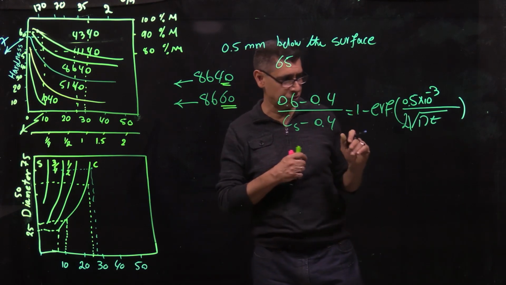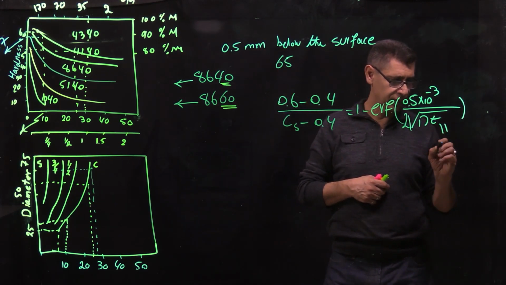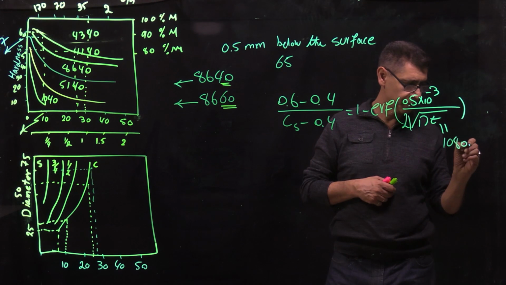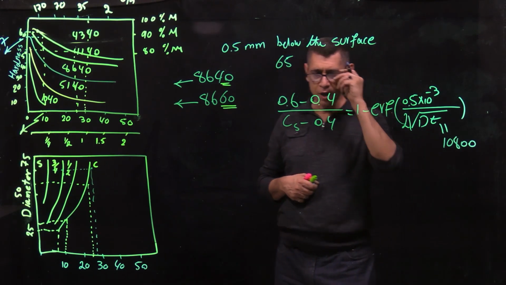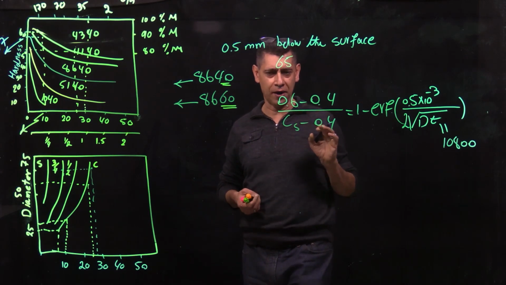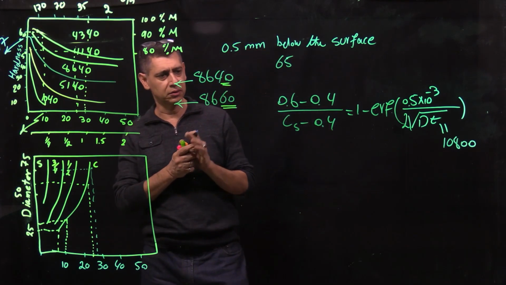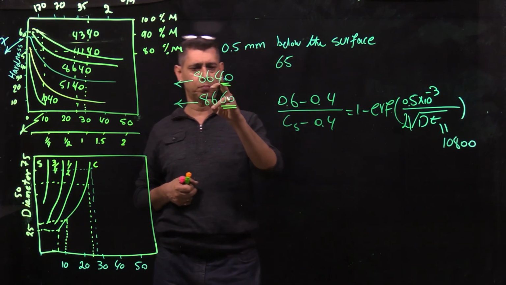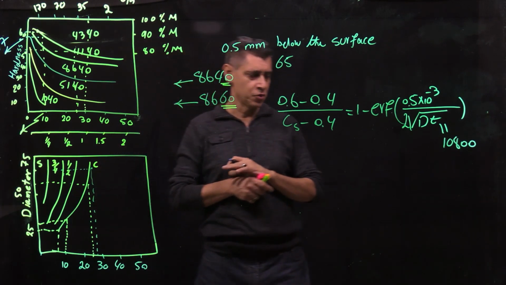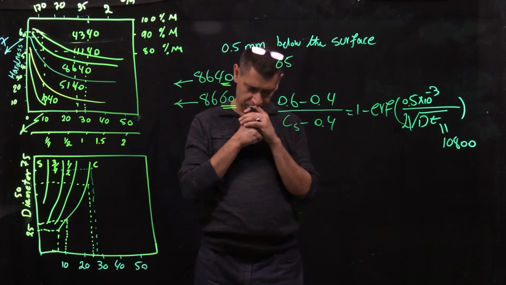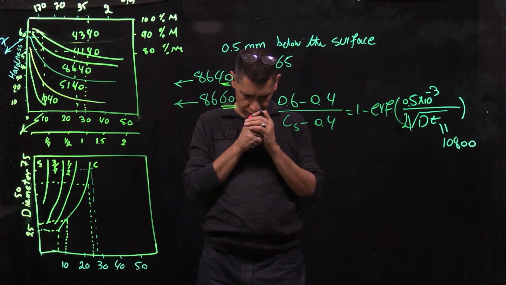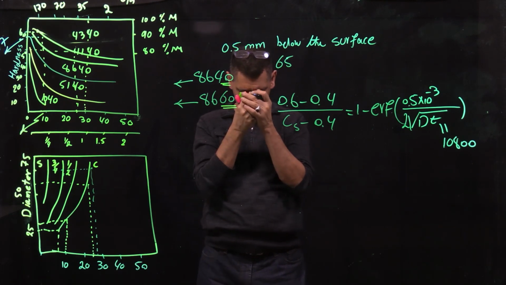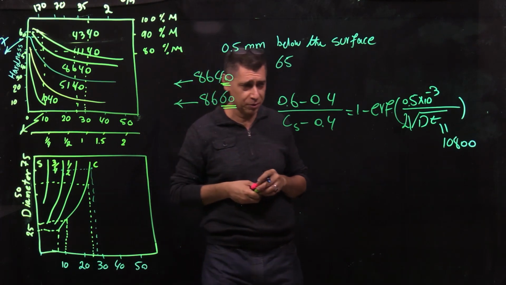I don't want to go more than 3 hours, for example. Then this is going to be 10,800 seconds. The temperature, obviously you have to recognize what the carbon content is here. The initial carbon content is 0.4, for example. You go on the carbon iron phase diagram for 0.4 and find the minimum austenitizing temperature.